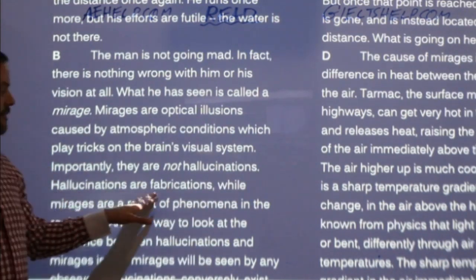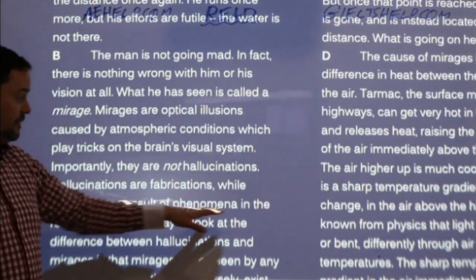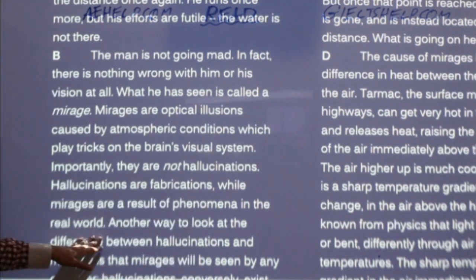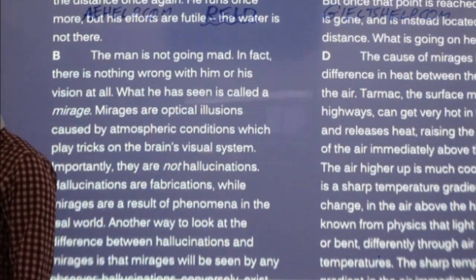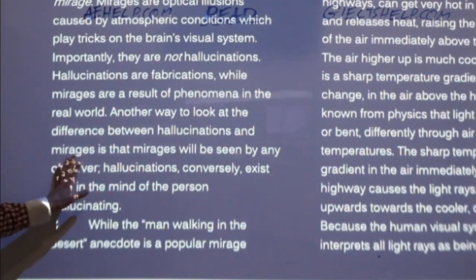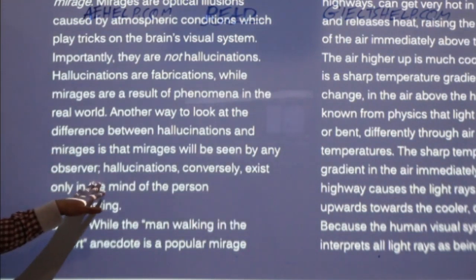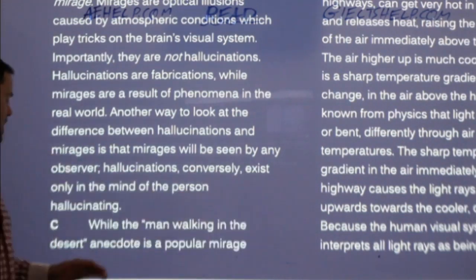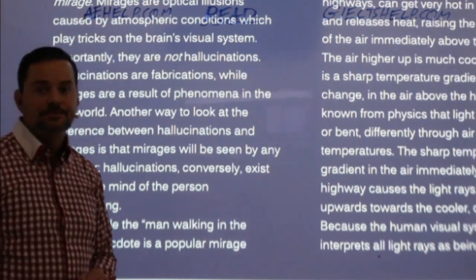Hallucinations are fabrications, while mirages are a result of a phenomenon in the real world. Another way to look at the difference between hallucinations and mirages is that mirages will be seen by any observer. Hallucinations, conversely, exist only in the mind of the person hallucinating.